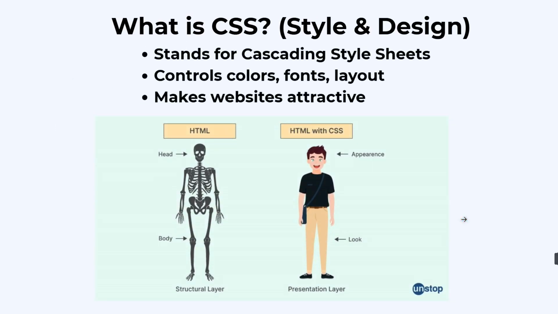Now what is CSS? CSS stands for Cascading Style Sheets. It basically controls the colors, fonts and layouts. It makes a website more appealing. So CSS is what makes a website look beautiful.